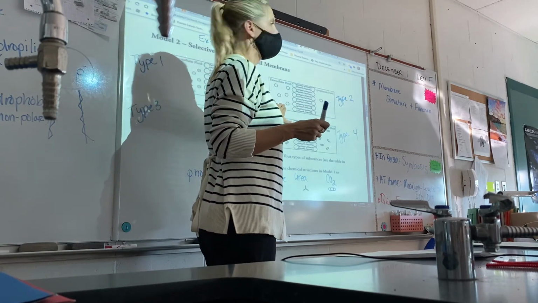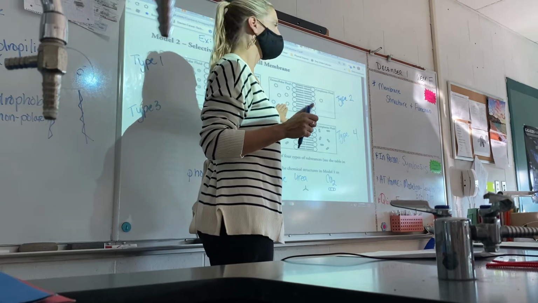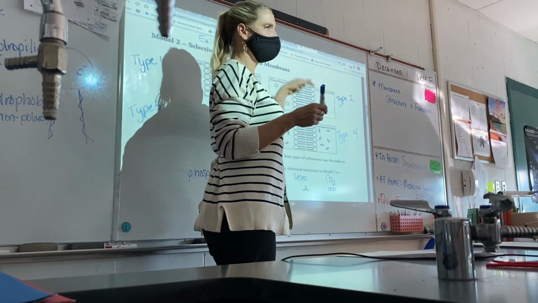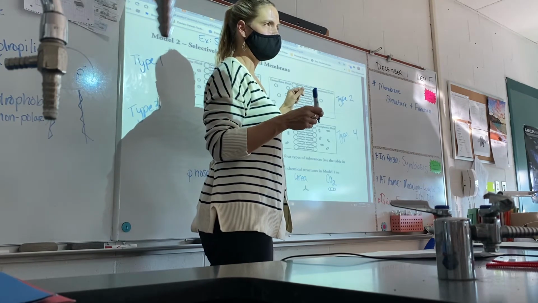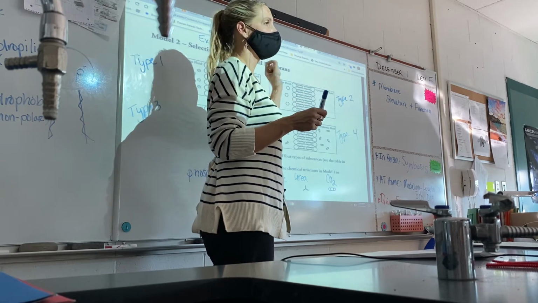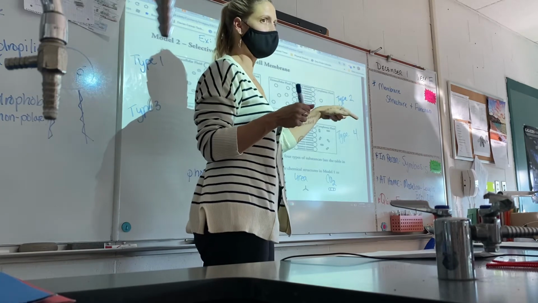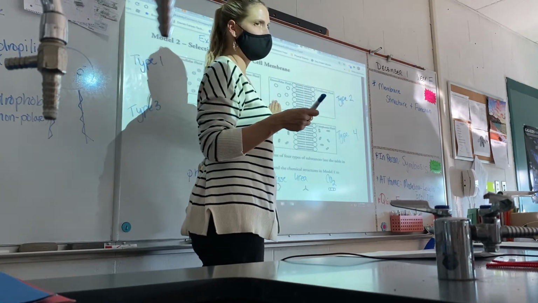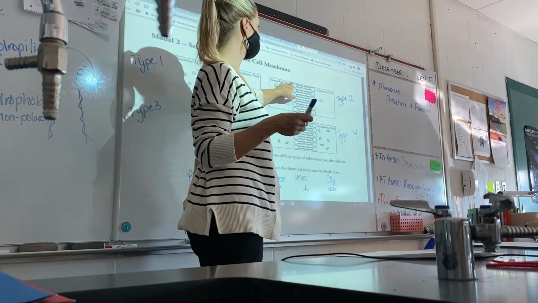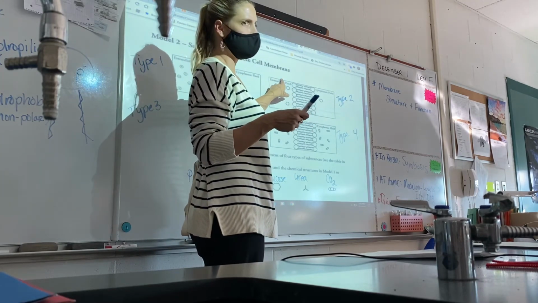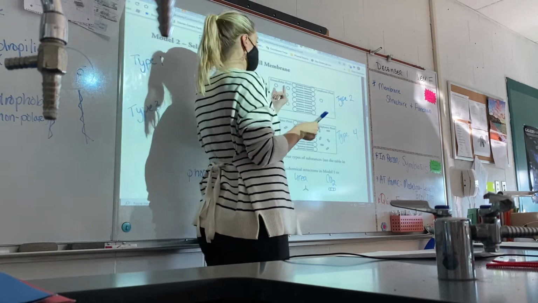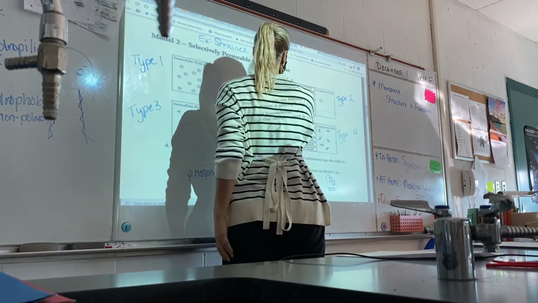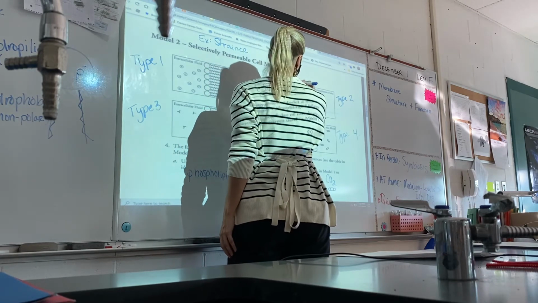Let's look at type 2, which is glucose. Is it trying to get into the cell or out of the cell? In. So it's going to start on the outside trying to get in, right? If I'm in the extracellular fluid, where am I? Outside. So if it's trying to get in, it's going to start on the outside and try to move in. It's here, it's trying to go that way.